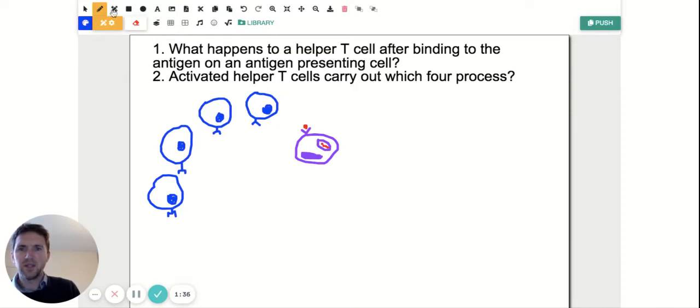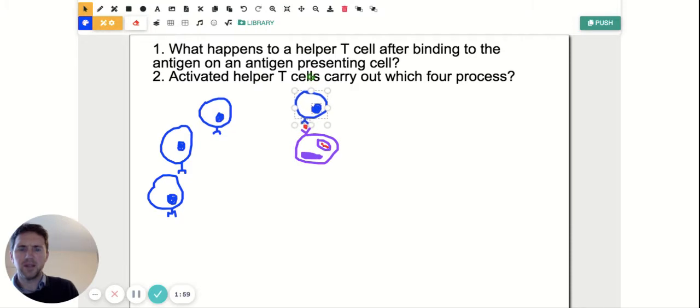So one of these T lymphocytes, in blue, has a receptor that matches that antigen. Somewhere in your body, you will have a helper T cell that has a receptor that fits exactly the antigen that is presented on the surface of an antigen presenting cell. Let's say it's this one. That will bind.